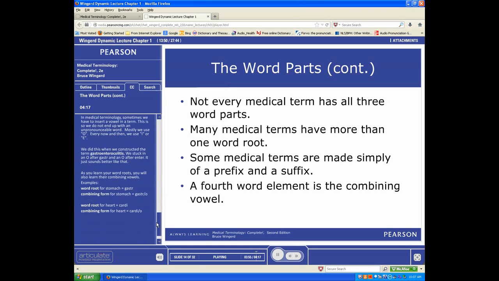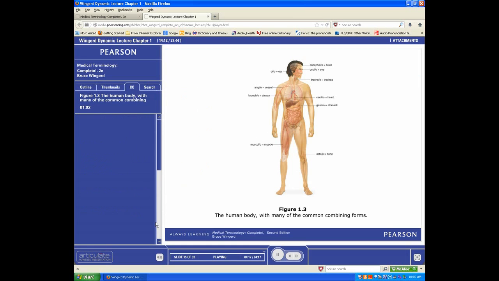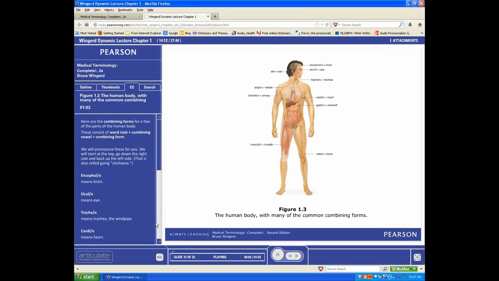Here are the combining forms for a few of the parts of the human body. These consist of word root plus combining vowel equals combining form. We will pronounce these for you. We will start at the top, go down the right side, and back up the left side. That is also called going clockwise. Encephalo means brain. Oculo means eye. Tracheo means trachea, the windpipe.